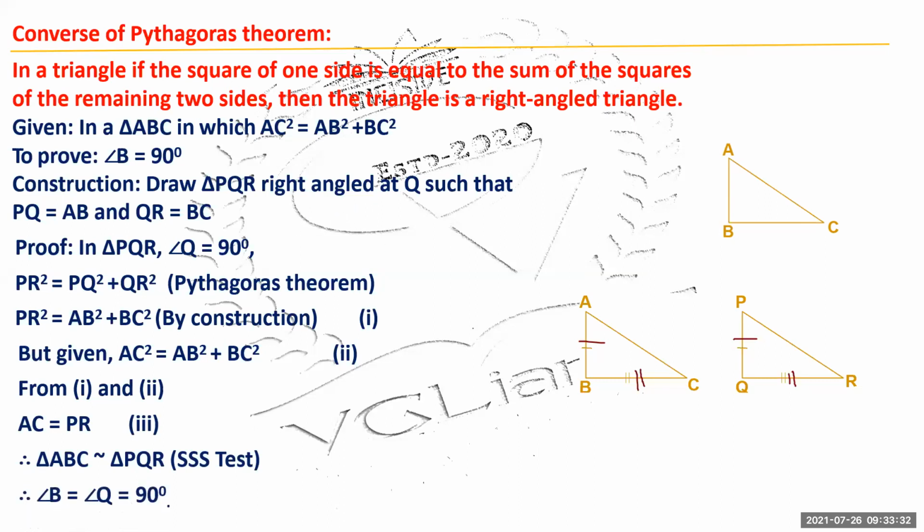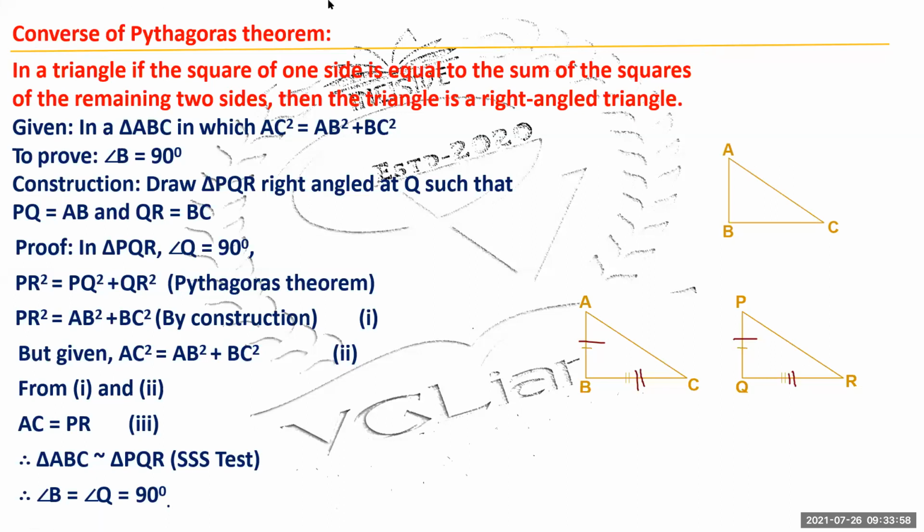Therefore, angle P equals angle Q, that is equal to 90 degrees. As you cannot prove this theorem directly, understand students, what you're doing is constructing a copy of triangle ABC. Is this clear?